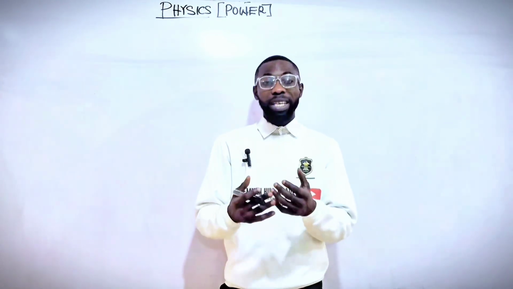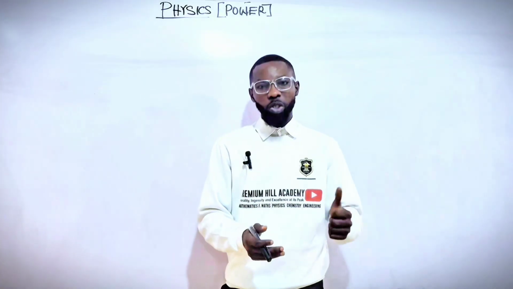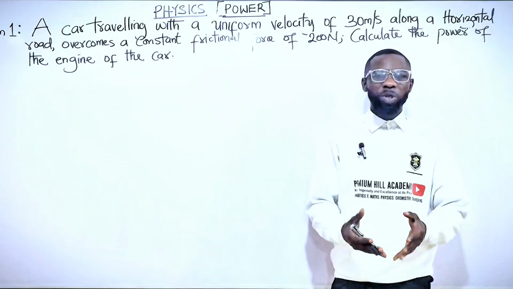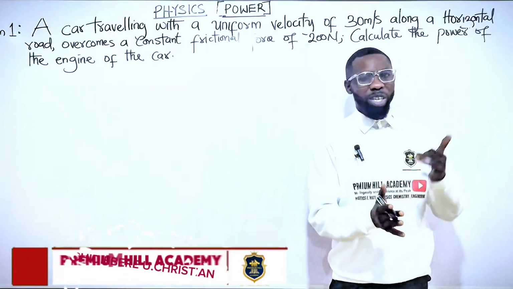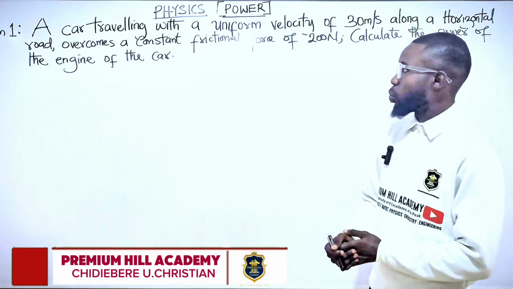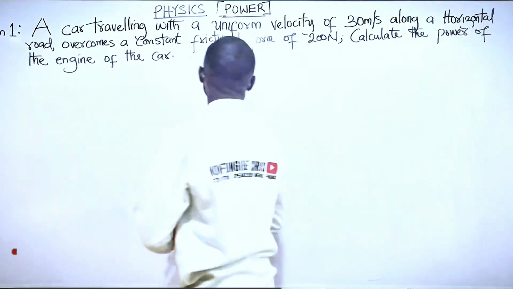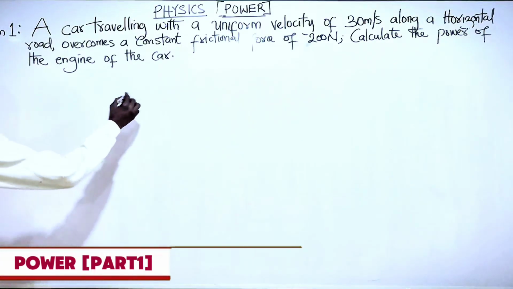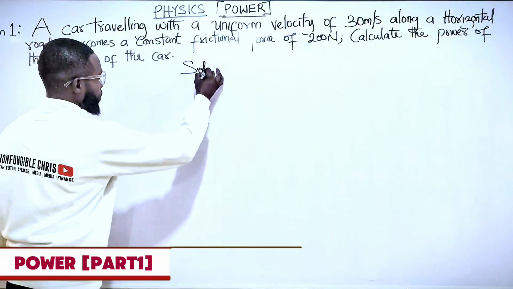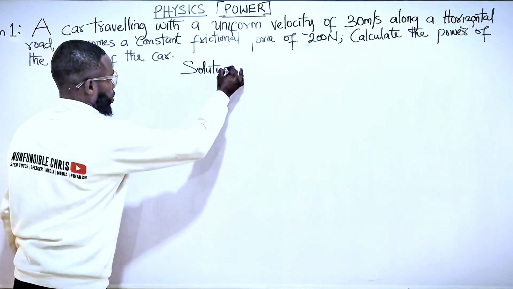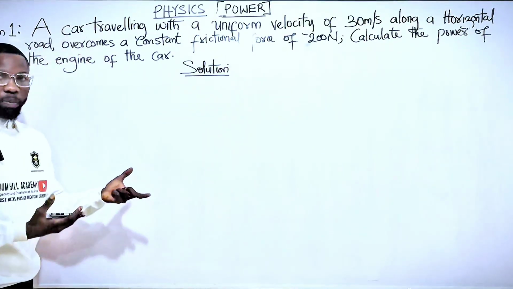Now, in order for us to understand the topic on power, let's take some questions as regard to power. Guys, let's look at question 1. The question says, a car travels at a uniform velocity. So the solution: the first thing I said is that we have to take parameters, right?